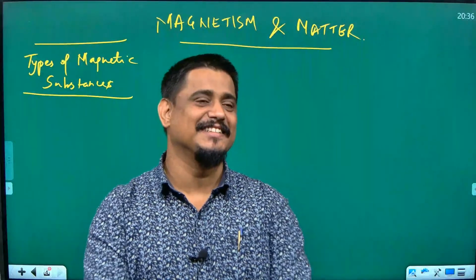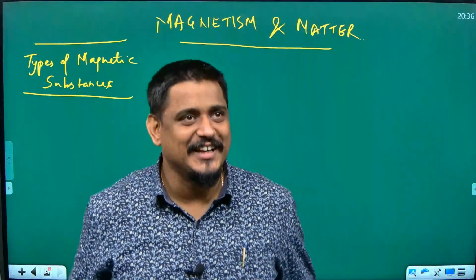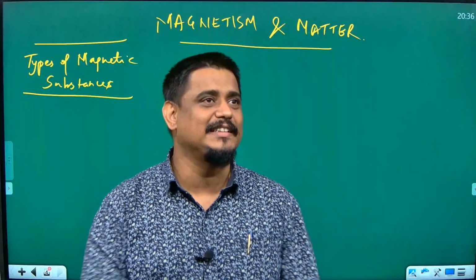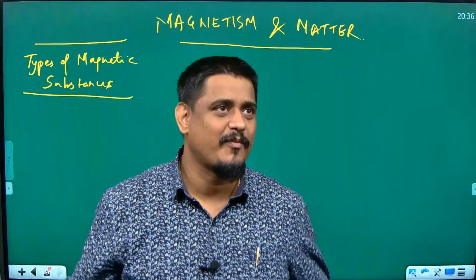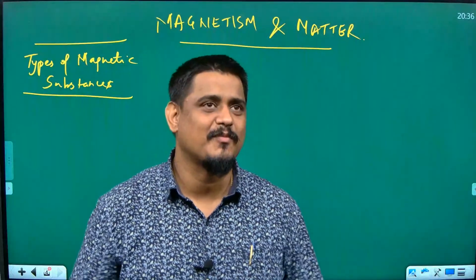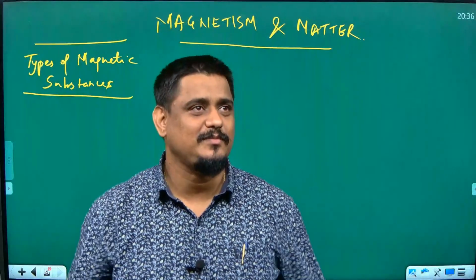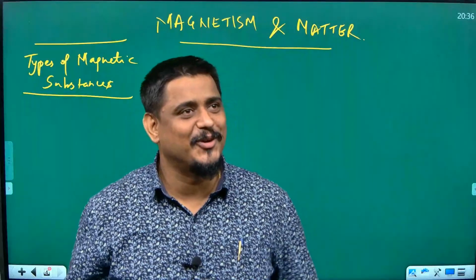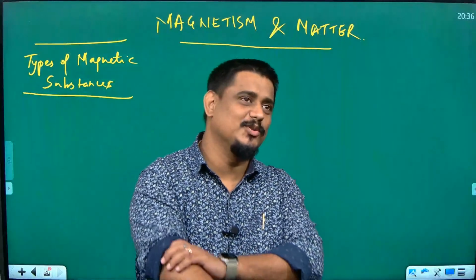Nothing else? That's it, sir. Okay. Pratap, what about you? Something you find around you, magnetic in nature? Sir, this pen cap, and the belt hook. Okay, hangers, hooks.